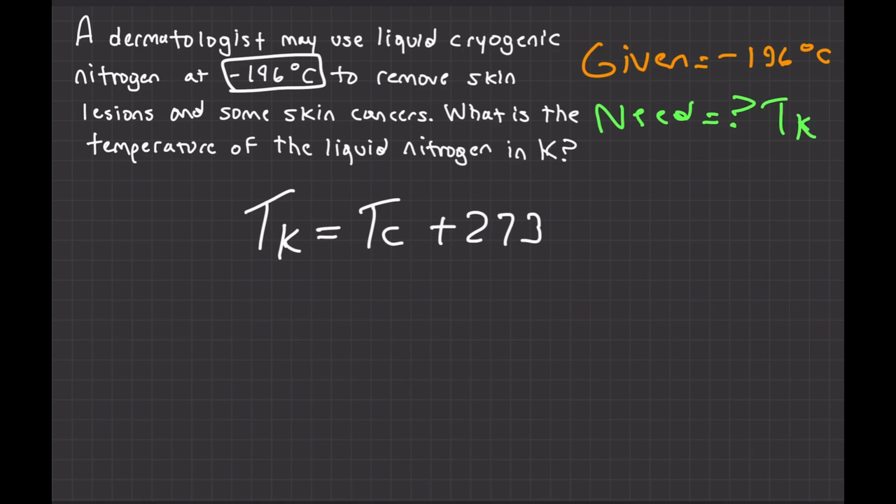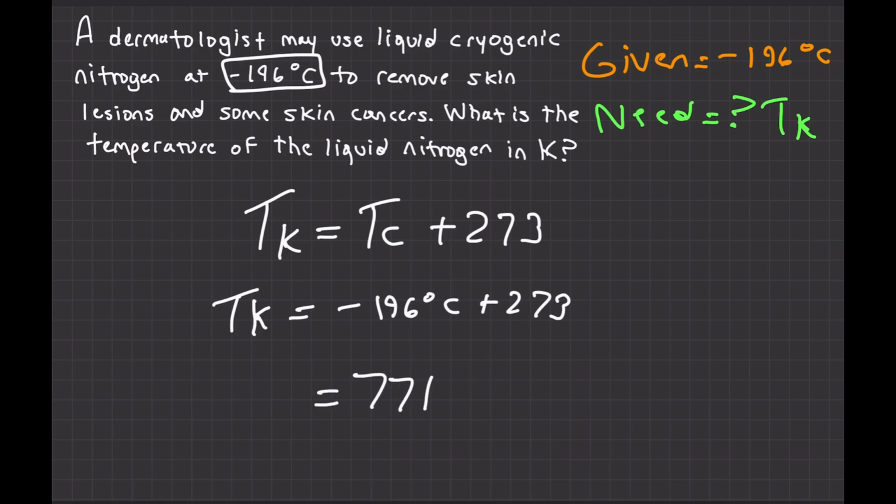So now we write our equation as TK equals negative 196 degrees Celsius plus 273. And then if we open up our calculator, we would see that this will give us 77 Kelvin. So what is the temperature of the liquid nitrogen in K? 77 Kelvin. And that's it, guys.